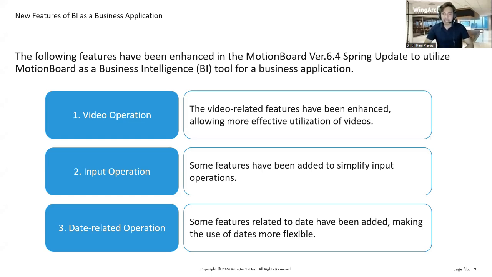However, with the Spring Update, you can now customize various settings, including holidays. This allows you to register and utilize your company's specific business days, greatly expanding the use of date-related items. Now, let's dive into detail about each of these new features.